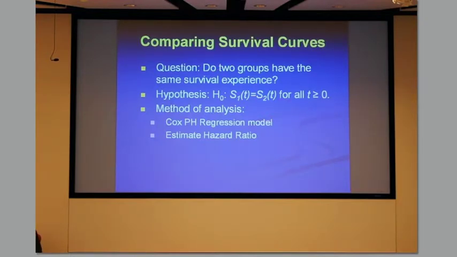It's a very general hypothesis. We want to use methods that can address this hypothesis. The most common method is the Cox proportional hazards regression model. And we use the hazard ratio, which we're going to define in a minute, to quantify the association between variables and the survival time.